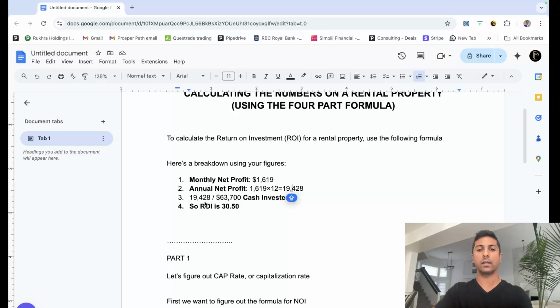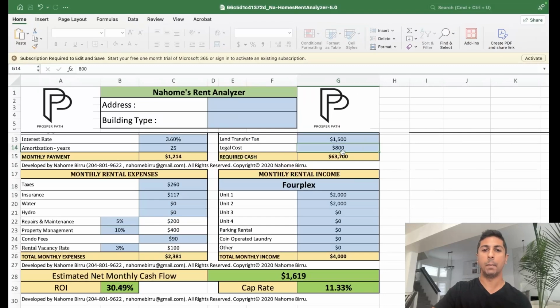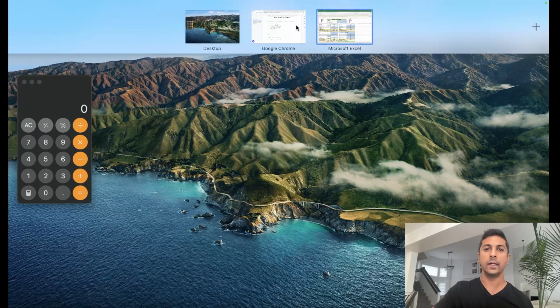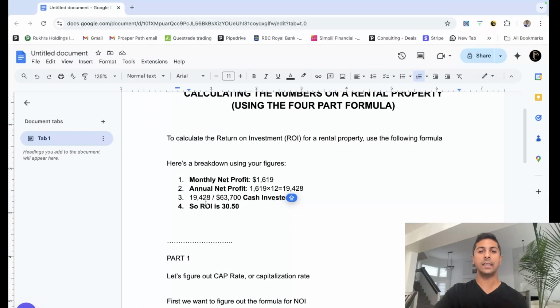Going back to this formula, what was our initial amount? It was $63,700. That was money that we had to bring out of our pocket to buy this deal. So you take the $19,428 and divide it by the $63,700. That's cash invested. That's going to give you a percentage.